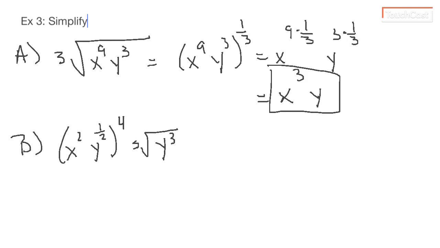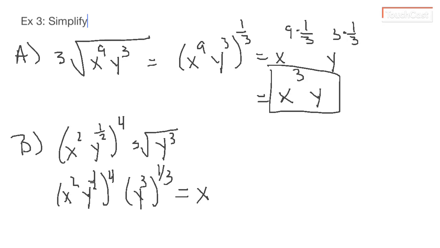So we can take our first part, the x squared y to the half to the power of 4, and just rewrite it. And then we're going to take our y to the 3rd and raise it to the 1/3 power. Now we've got powers of powers, so we can multiply those.